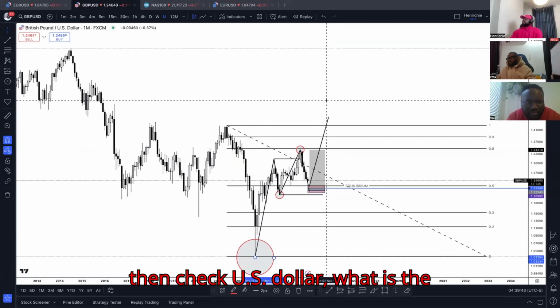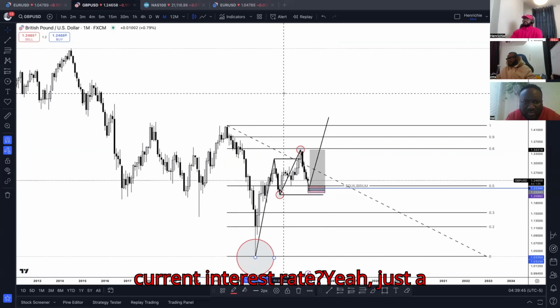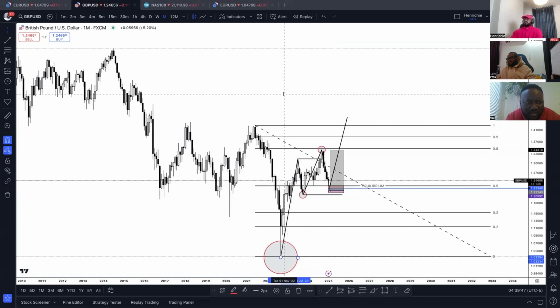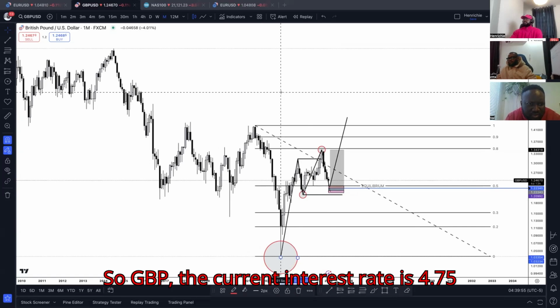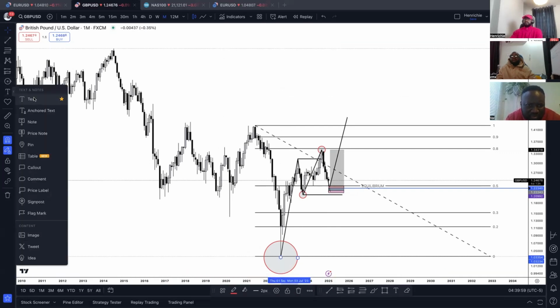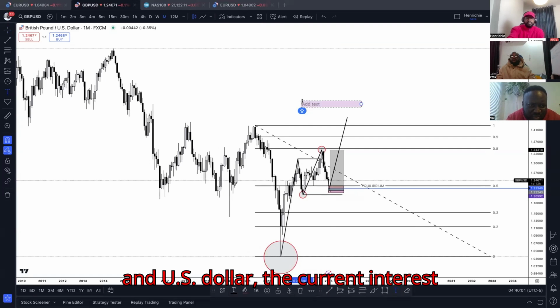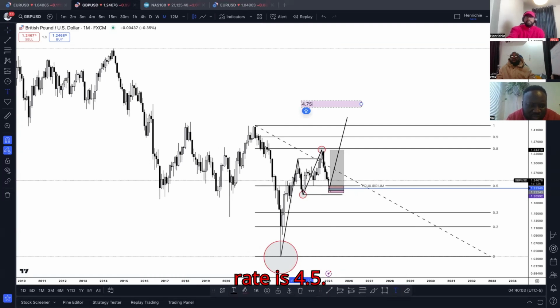And then check US dollar, what is the current interest rate? Yeah, just a minute. Okay. So GBP, the current interest rate is 4.75, and US dollar, the current interest rate is 4.5.